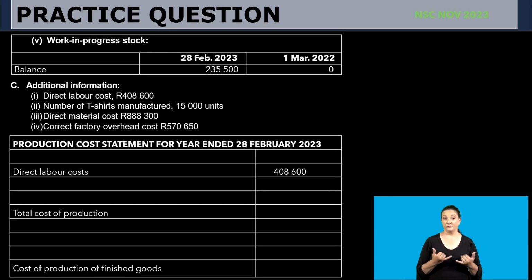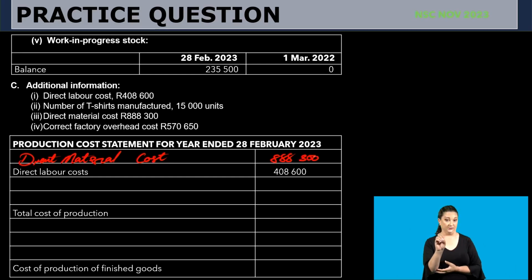Okay, so I can come here now. Remember, I already have my direct material cost. We calculated that one, which was 888,300. And my direct labor cost was given, so I can now get what we call prime cost. And to get prime cost, I'm just going to add those two amounts, which will give me 1,296,900.